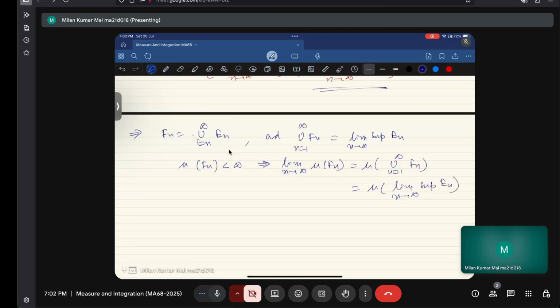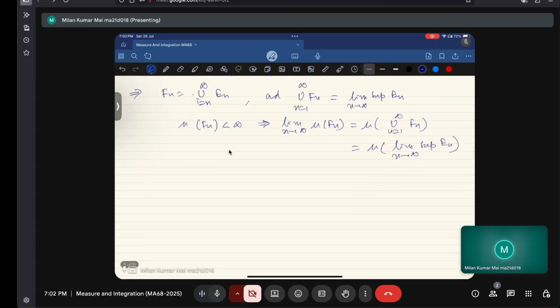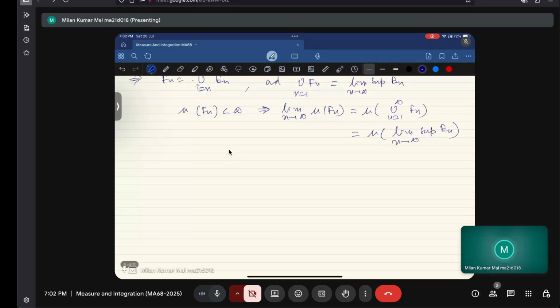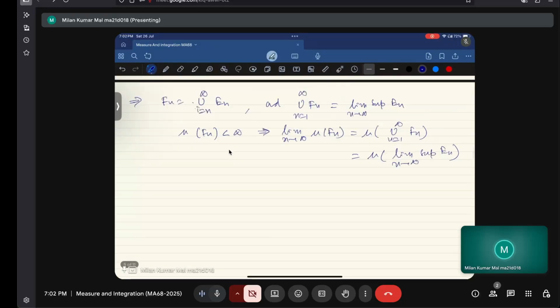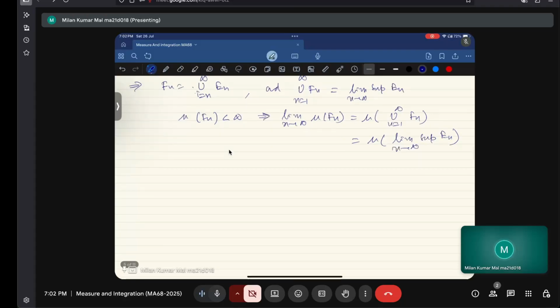Okay, note that these Fn are actually decreasing. As Fn are decreasing, the limit will be the infimum.